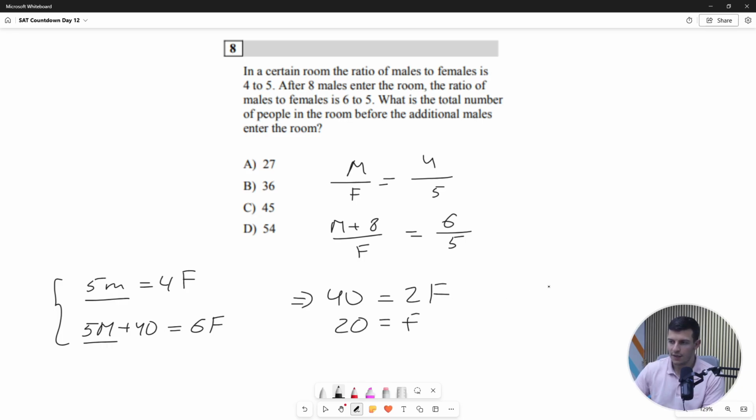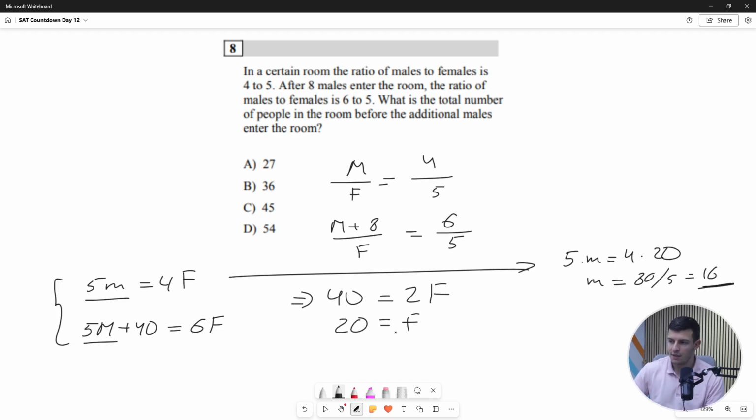Once I find f, I can also find m from the first equation, doesn't matter actually, but I'm going to use this one. So 5 times m equals 4 times 20, because f is 20, and m is going to be 80 divided by 5, which is 16. Okay, so 16 male, 20 female. Again, I'm reading the question to make sure I got the right thing.